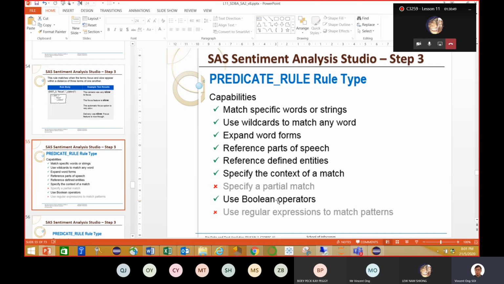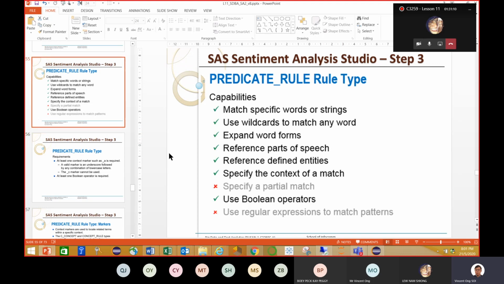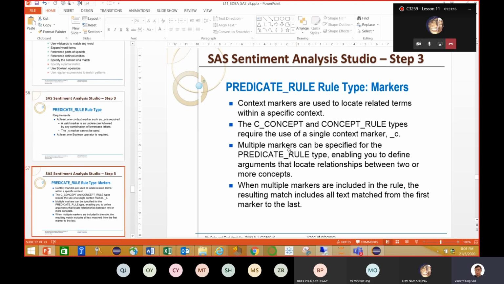Sometimes there are different cases you want to capture, and you can use some of these Boolean operators. The predicate rule I seldom use. But we'll just run through. At least one helps us to specify the context, or rather, let me just read this.